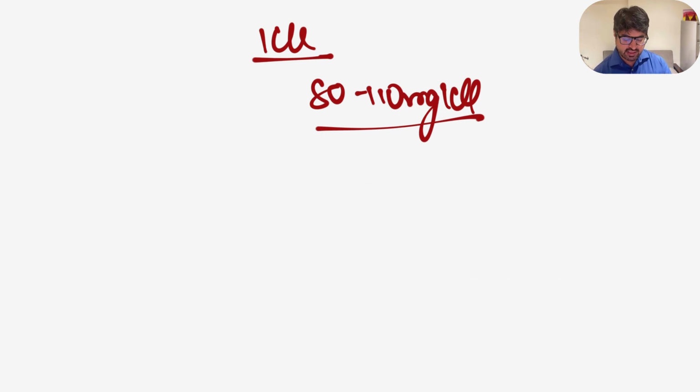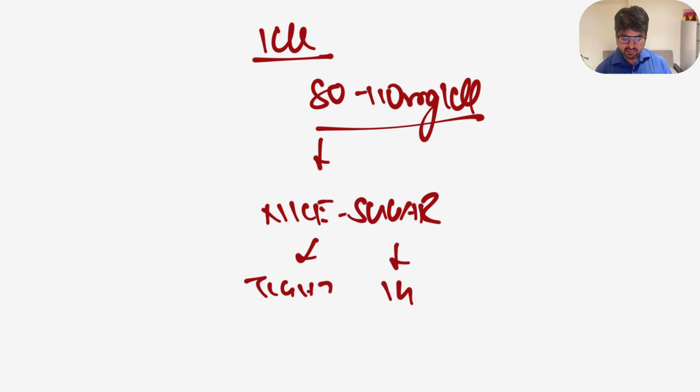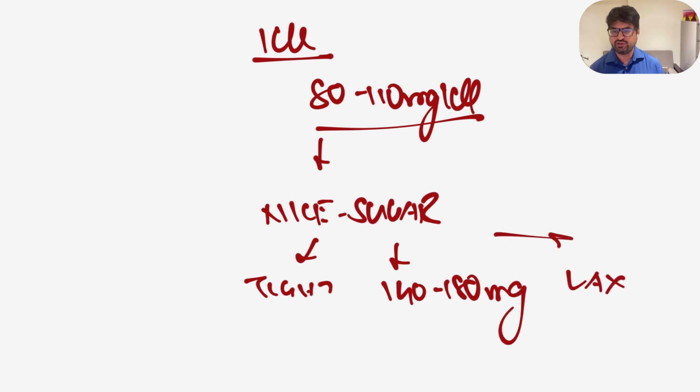Later on, they did another study called the NICE-SUGAR trial. In this trial, they divided the patients into three groups. One group had tight control. The other group had what we are currently doing, 140 to 180. And the third group had lax, more relaxed control, right?